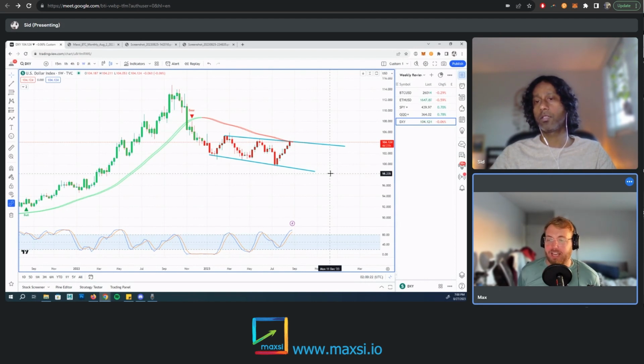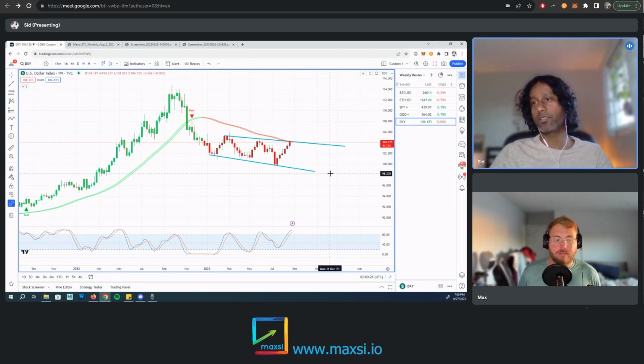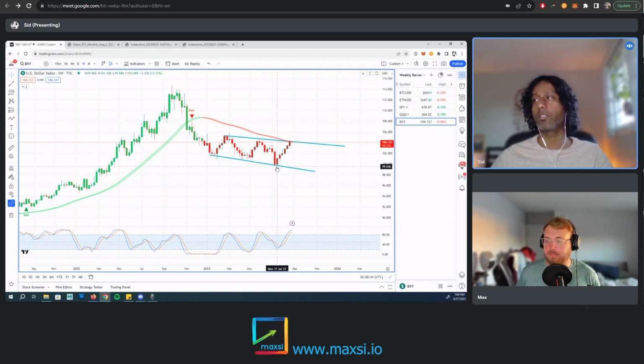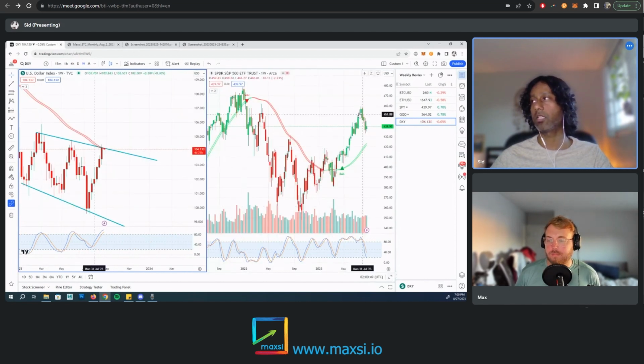First thing we want to look at, and how it played out. We've been tracking this for a few weeks now, I think. We started tracking it when it was at the bottom of the channel, and we had told people that it'll bounce, and it did bounce, and we did end up seeing the stock market pulling back this week.